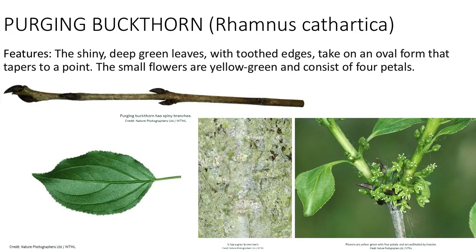And they feature 3 to 5 pairs of curved veins which converge at the leaf tip. So if we look at the bottom left picture, you've got the mid vein running horizontally, and then on this leaf you've got 2 veins on the top half and maybe 3 veins on the bottom half, and they all kind of bend back on themselves to point at the tip, and that's a good way to identify this tree.